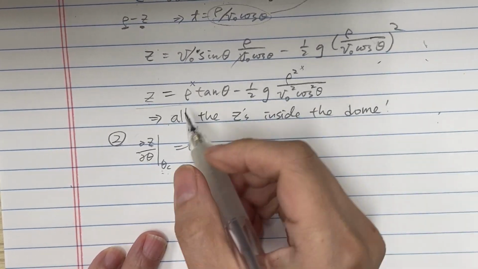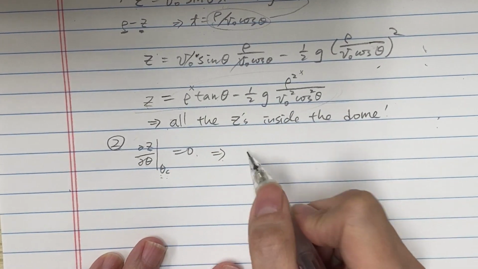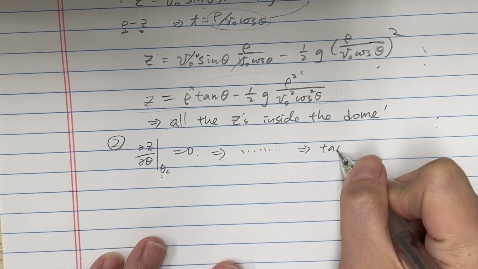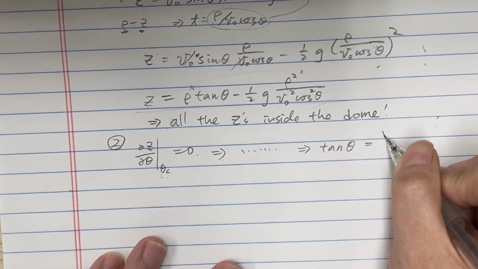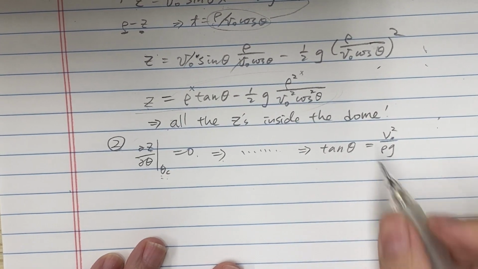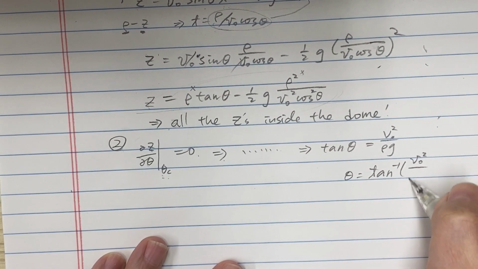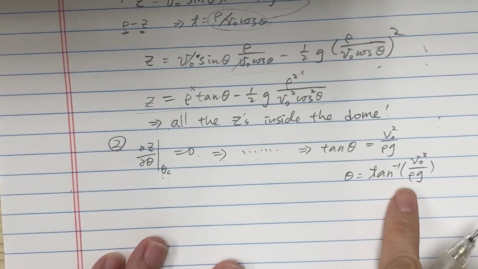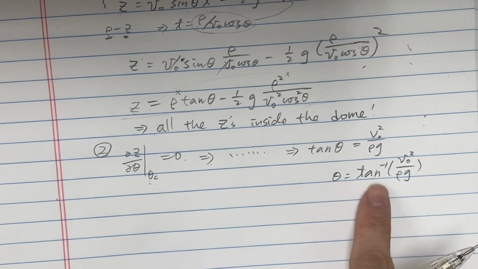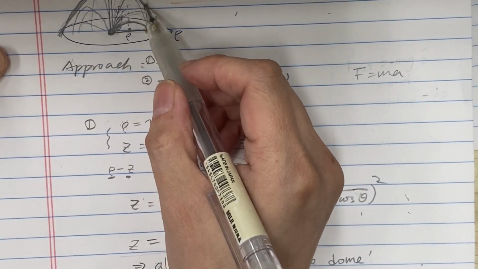So what I'm going to do is take the derivative on this. I will leave the calculation to you, and eventually you will get something like this. This angle is the angle where you can find the maximum z for that specific rho.